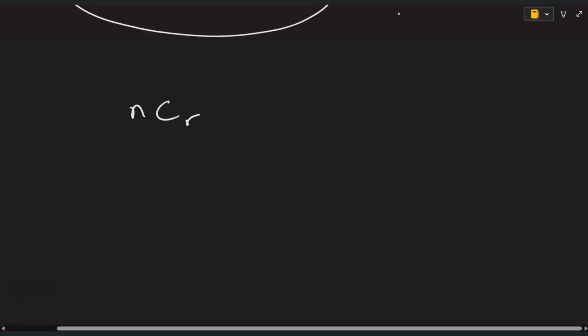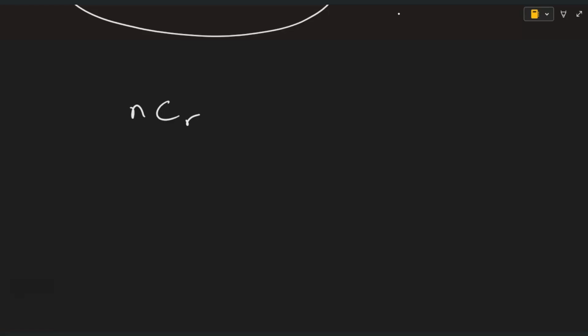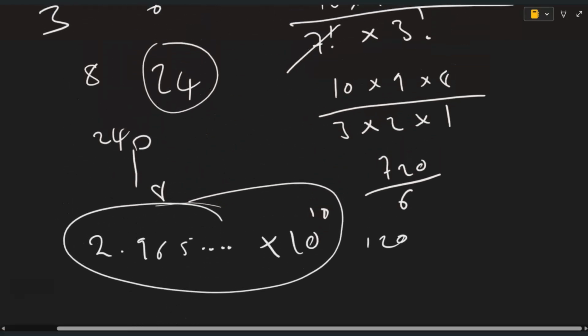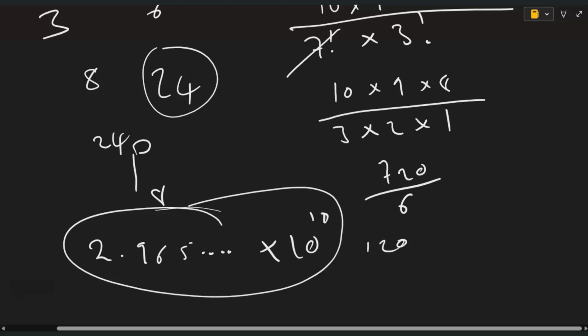So basically you can use your calculator to actually calculate your combination or permutation. So it's very simple if you have a calculator. But for the purposes of knowing the formulas, this is how you get to calculate permutations and combinations.